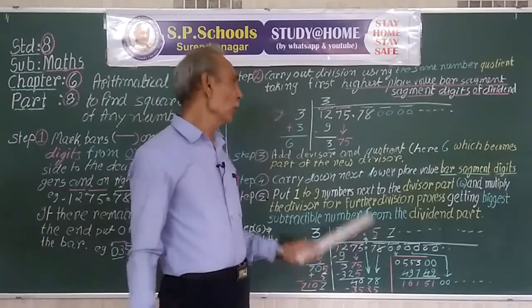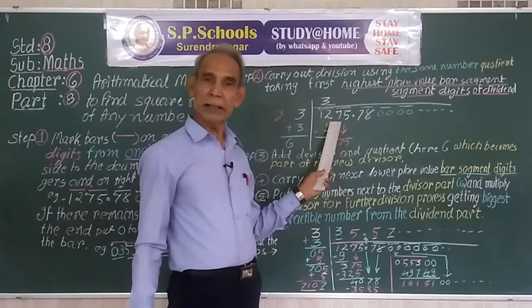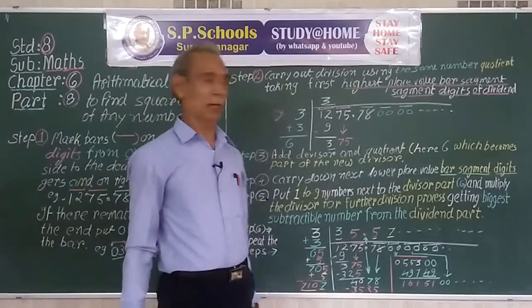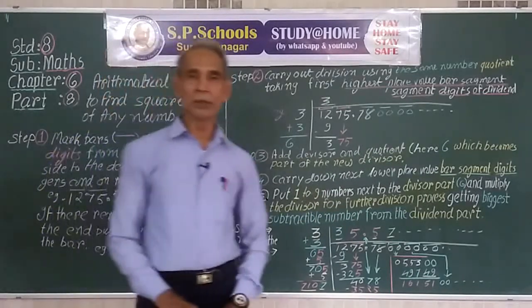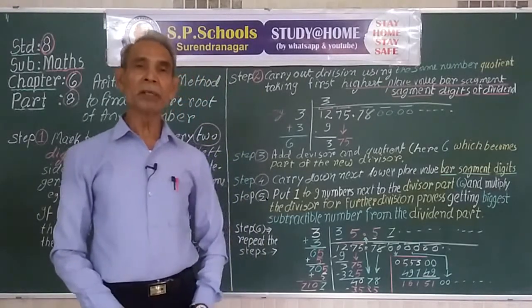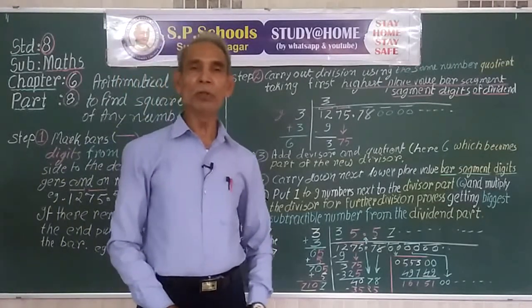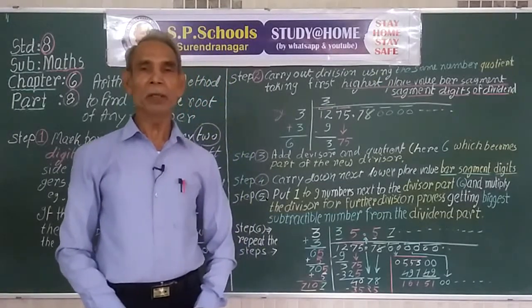Thus, the square root of a non-perfect square is irrational. Dear students, this is a very good method to calculate decimal values of square roots for a given number.